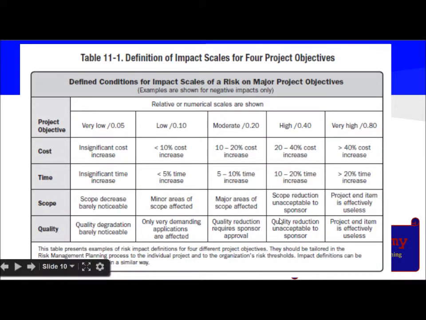So in case of high, you see that the scope reduction is unacceptable to the sponsor, and in case of quality, the reduction is unacceptable for the sponsor. So this just shows that if the risk is higher, what will be the impact on the different project objectives like cost, time, scope, and quality.